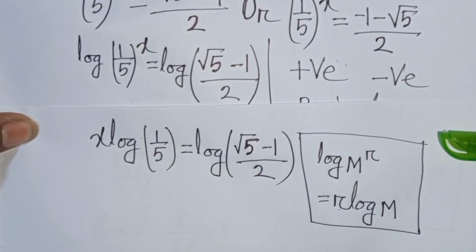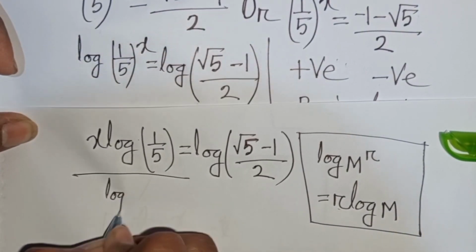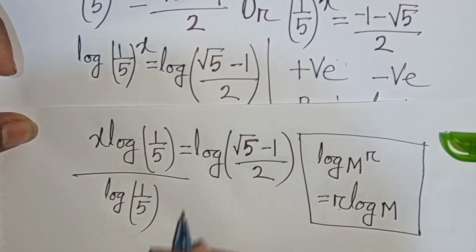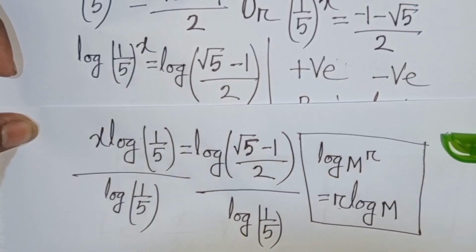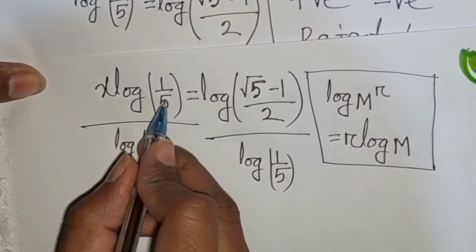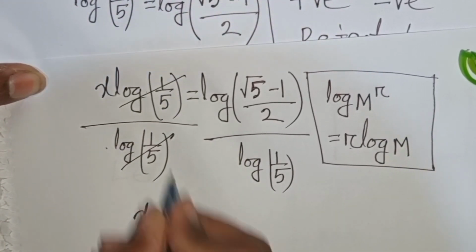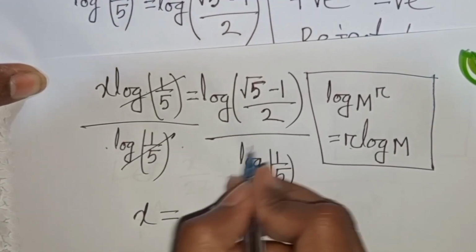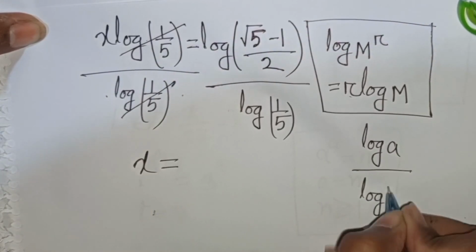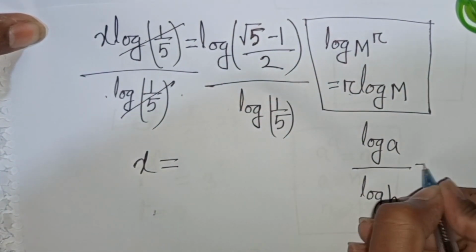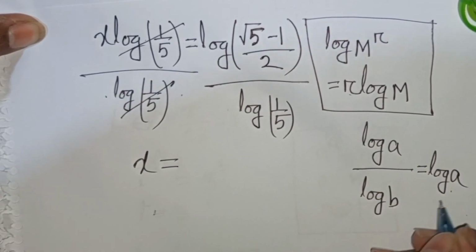Now we need the value of x, so we divide by log of 1 by 5 on both sides. Now we see this log of 1 by 5, this log of 1 by 5 will be cancelled. So here x will be equal to, here we can apply this formula: log a divided by log b is equal to log a base b.